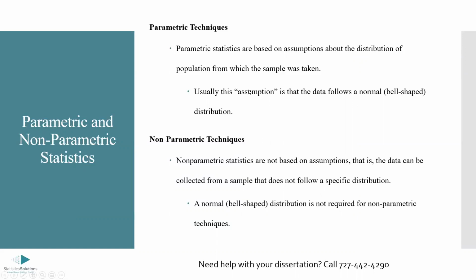And usually this assumption is that your data follows a normal distribution. I'm sure everyone here has at some point seen a perfect bell-shaped curve distribution, and that's a normal distribution. And when you run parametric techniques like t-tests or ANOVAs, one of the prerequisites is that your data follows a bell-shaped curve.